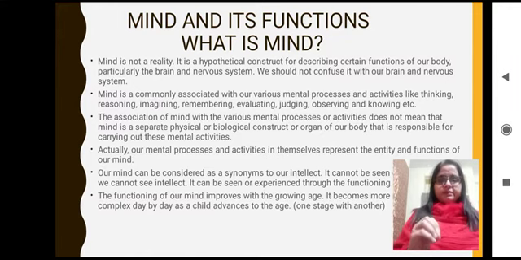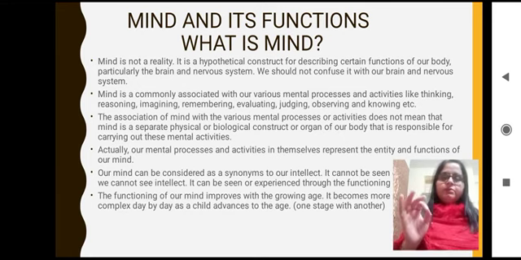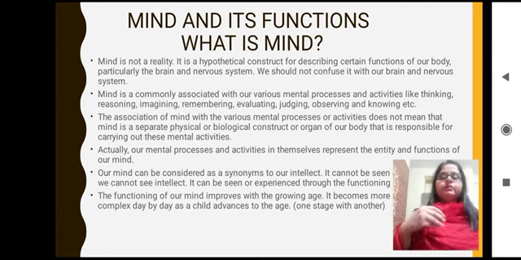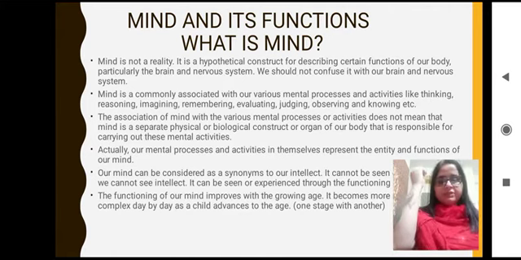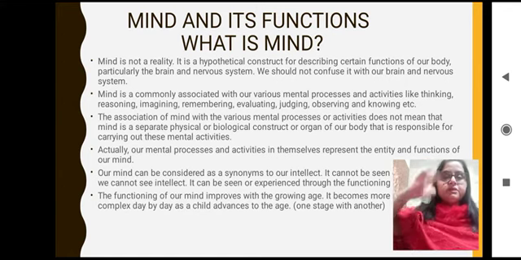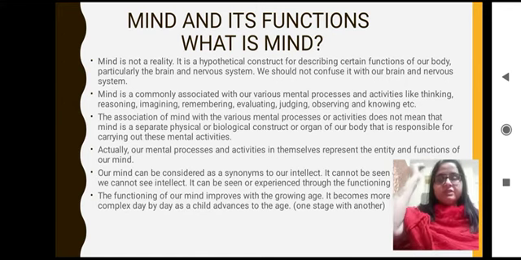In simple terms, mind is not a real word. We are using the word mind just to explain certain functions of our brain and nervous system. I cannot say that my sympathetic nervous system, parasympathetic nervous system is saying this thing.